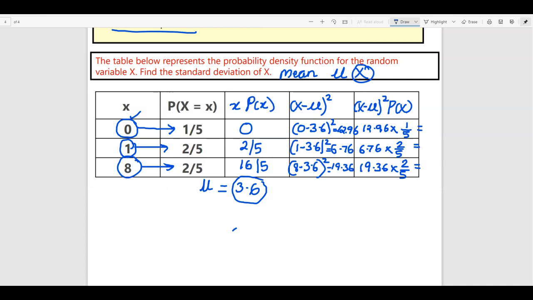Let me write these down. This value is 2.592, this is 2.704, and this is 7.744.